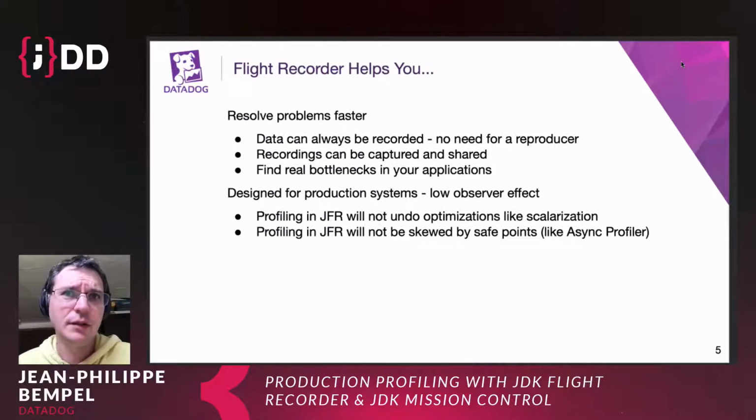Also, the profile files can be shared or centralized to your observability system to be processed. The JFR recording has very low observer effect, as it does not undo any optimization like scalarization, also known as escape analysis, and stack traces are collected without safepoints. It's just like async-profiler, if you know about it.